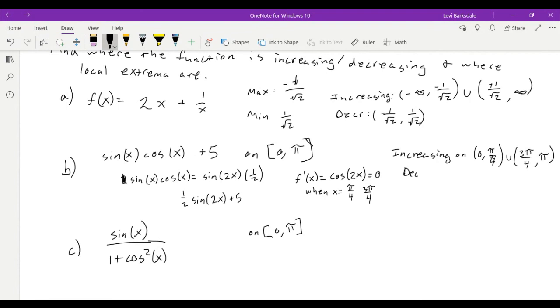And it's decreasing in between that, so from pi over 4 to 3 pi over 4. So that would mean that it has a max at pi over 4 and a minimum at 3 pi over 4.